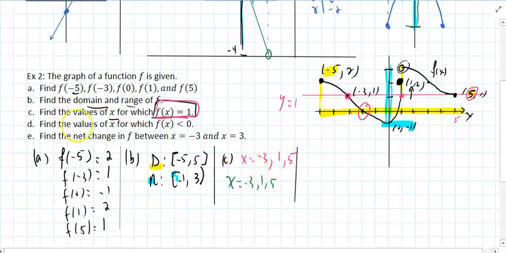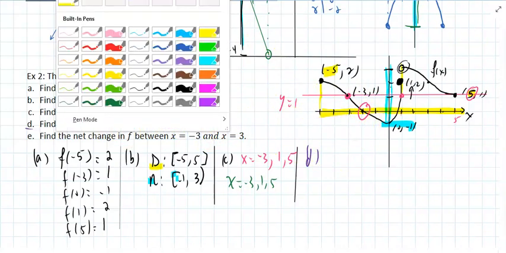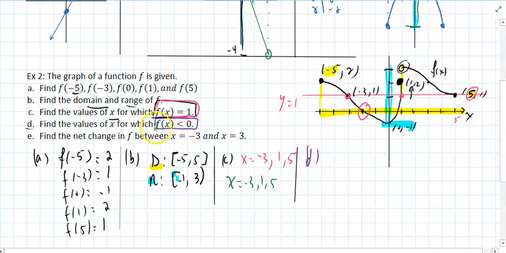Now, D. It's asking, find all the values for which f of x is less than 0. Less than 0 means negative. Find all the values for which f of x, the y, is less than 0. Right there. What would that be? If I'm measuring y, my answer is always in terms of x.